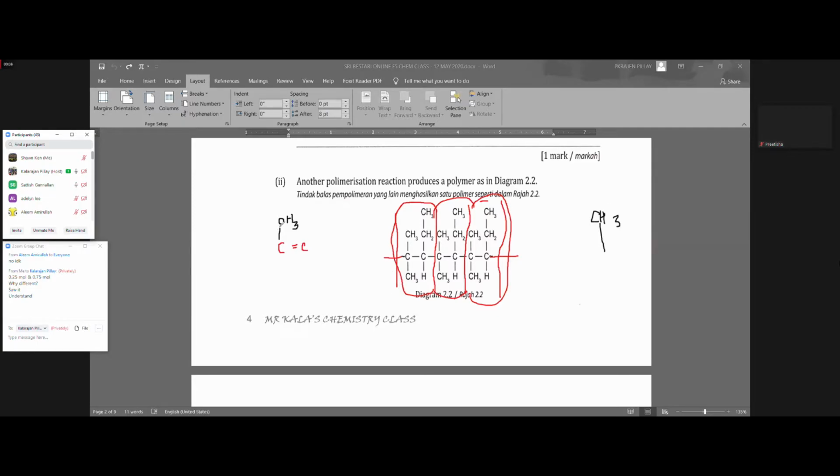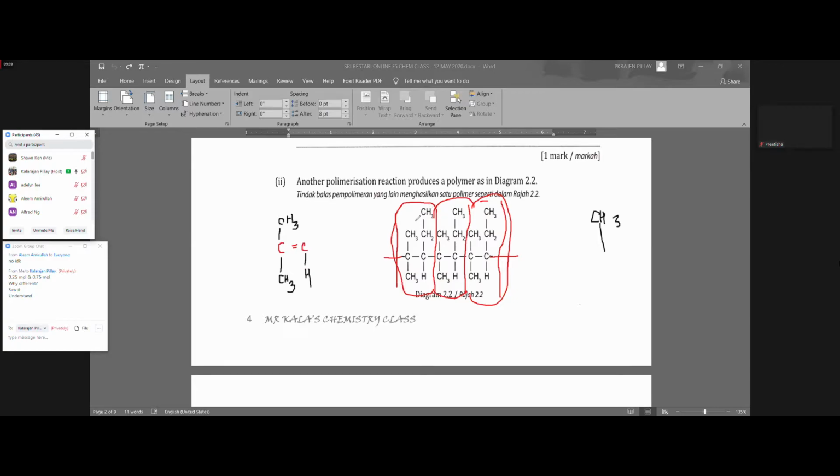Yes, Satish? How did you get the double bond? Because I told you, whenever it's polymerization, this is a polymer, Satish. The monomer is always a double bond. When you form the polymer, the double bond becomes a single bond. Remember that? So then this is your CH3 here, and this is your H here.